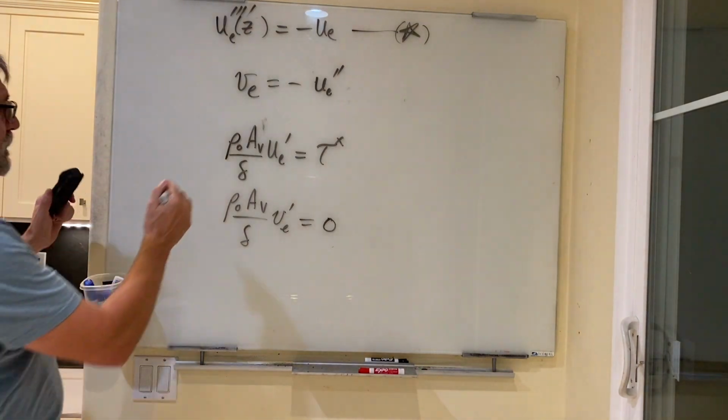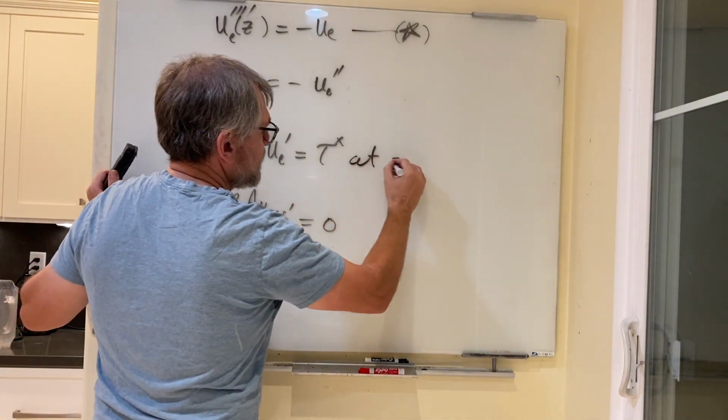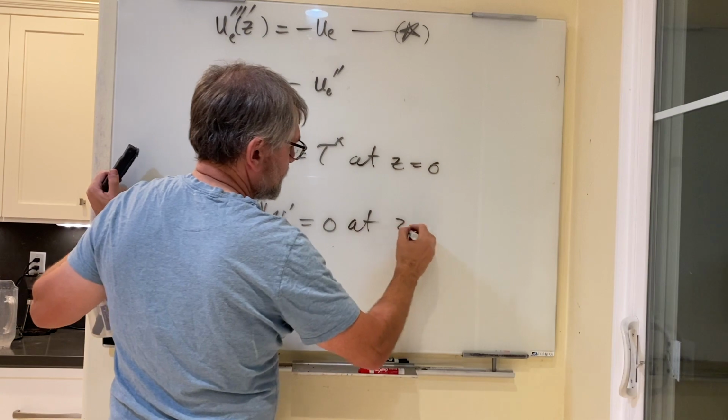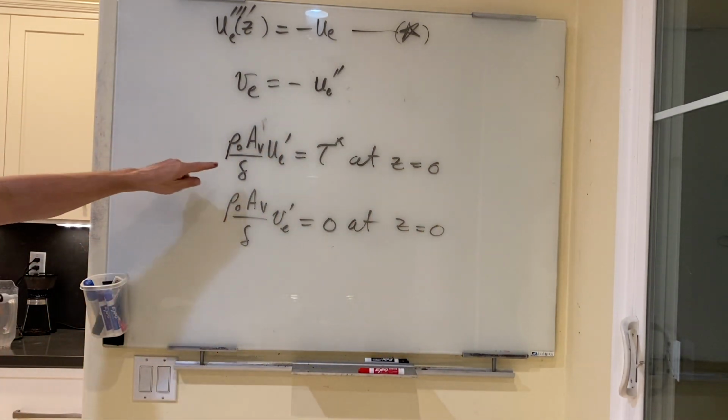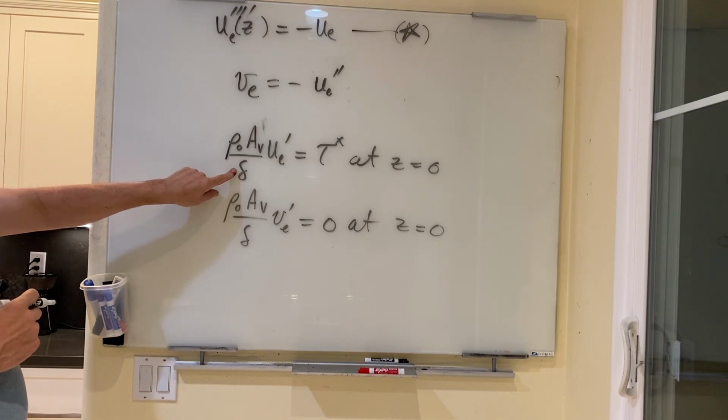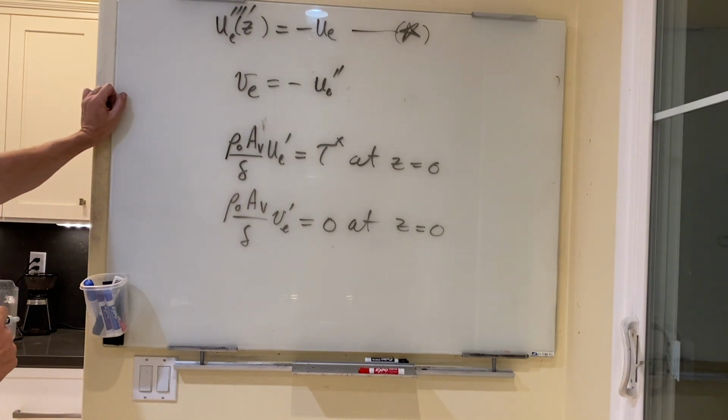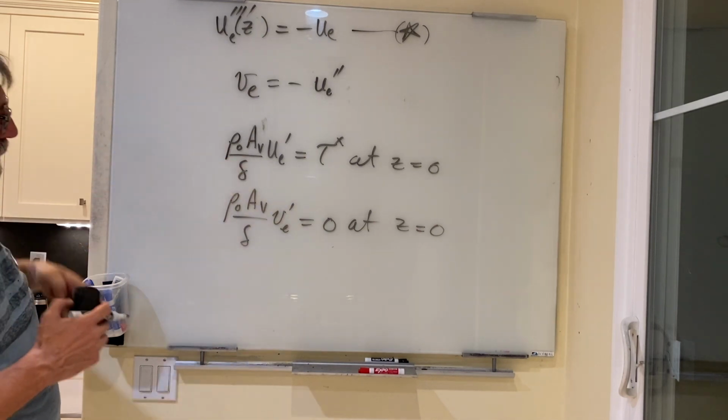So these are the boundary conditions, at z equals 0. Does the delta go on the bottom or on the top? Yes, on the bottom, when I convert. That's right.